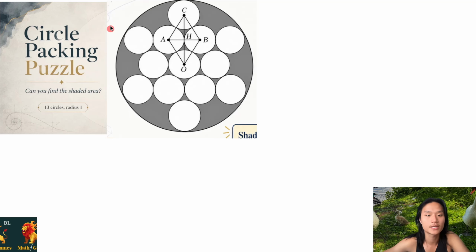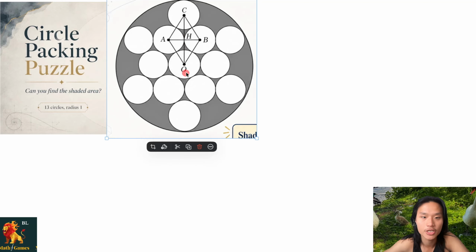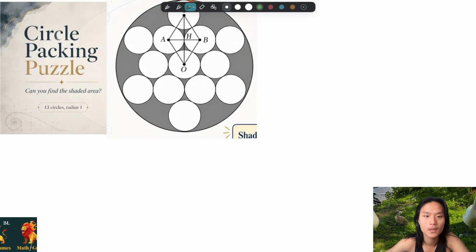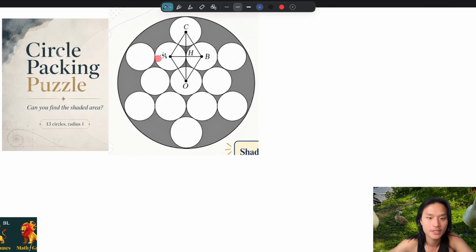So as you can see, we have drawn some lines. We have A, B, C, H, and O. So we are given that the radius of these 13 small circles is 1, right? We're going to write that as 1, 1, 1, 1, 1, 1, 1, 1.